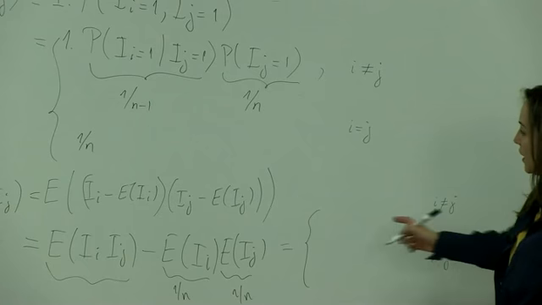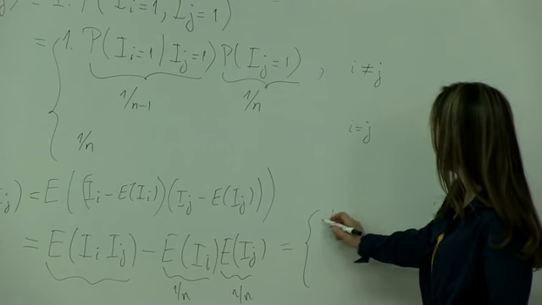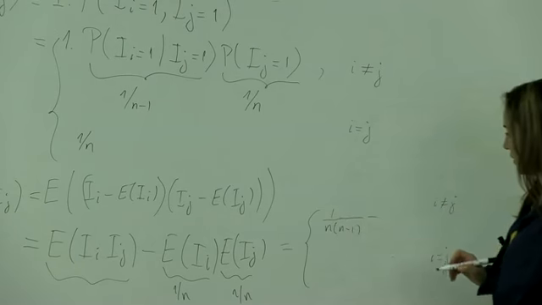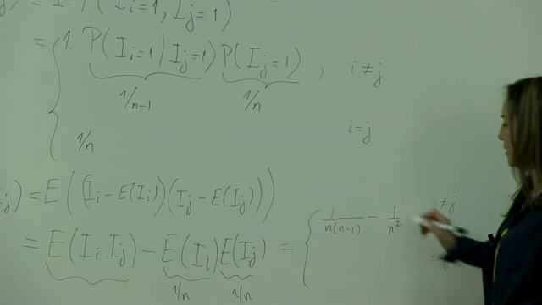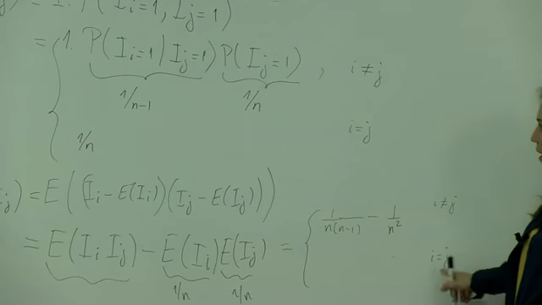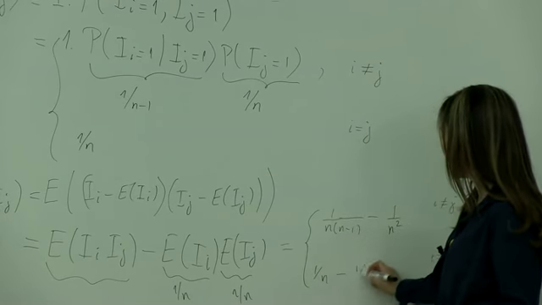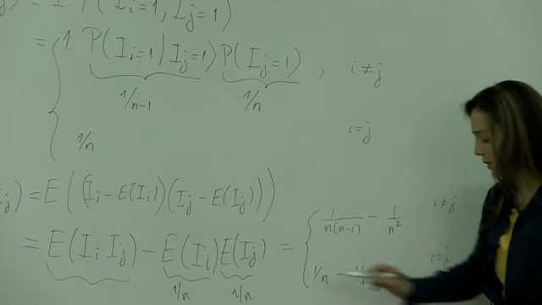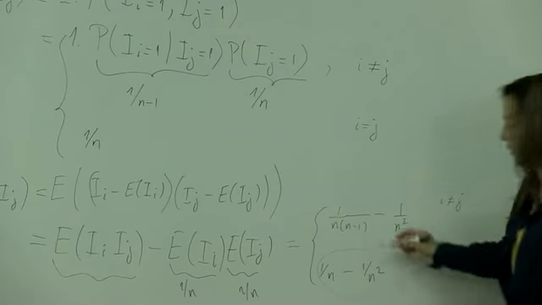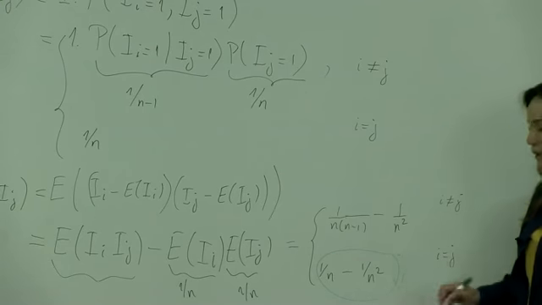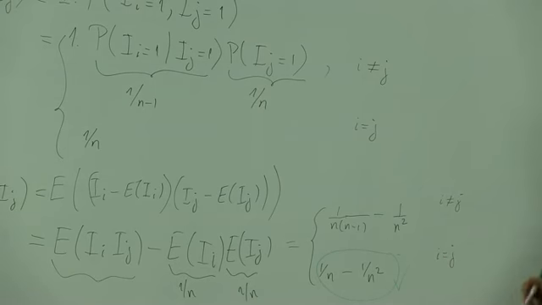When i is not equal to j, I have 1 over n(n-1) minus 1 over n squared. And in the case i is equal to j, I have 1 over n minus 1 over n squared. I think you will remember this one from somewhere. The variance of a Bernoulli random variable, remember, was p minus p squared. Okay, so this is very reassuring. We're probably doing things right.